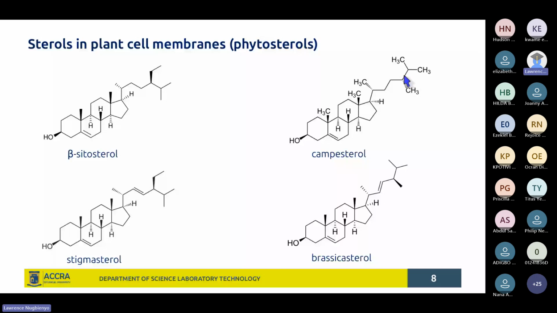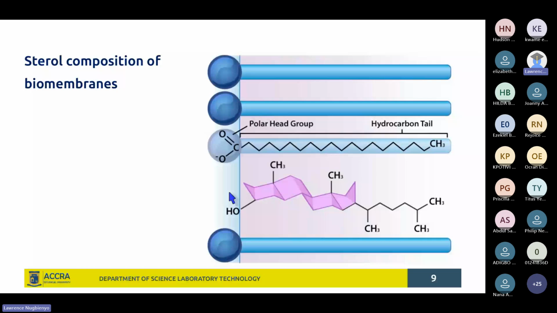Right. Now we can take a look at what we were talking about, that the sterols, or say if we're looking specifically at cholesterol, but even in plants where you see these different phytosterols, we just saw that they help modulate or regulate fluidity.